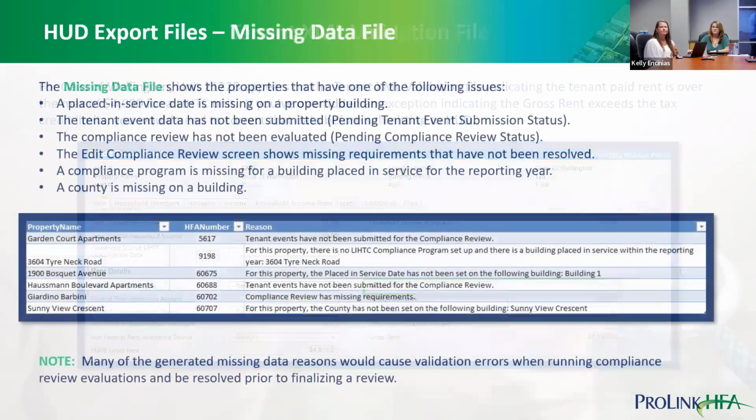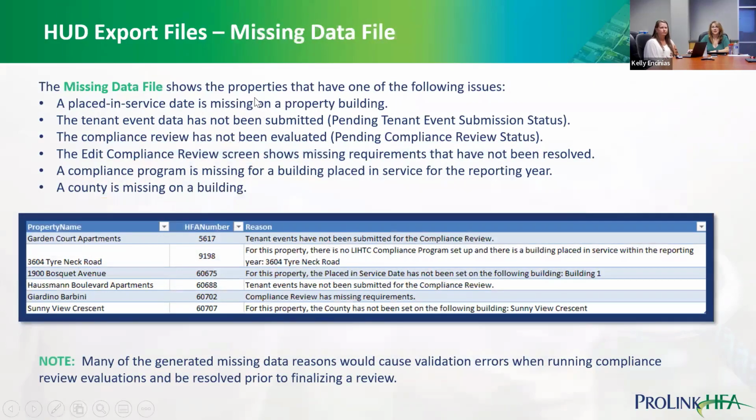All right. So the missing data file will show properties that have one of the following issues: a property with a BIN with an active compliance program for the data collection year that does not have a placed in service date on the building. That one is a perfect example of something that will be caught in an evaluation as well.